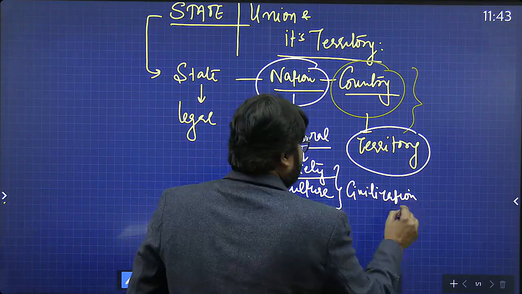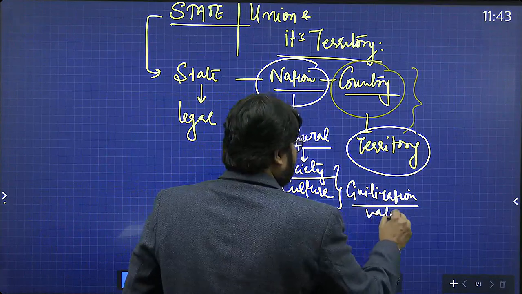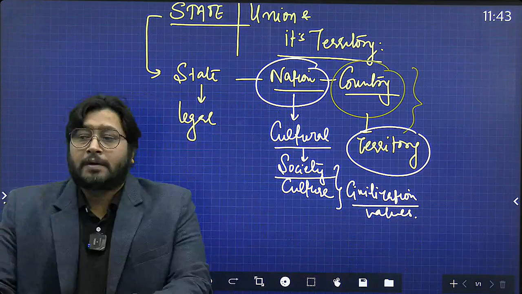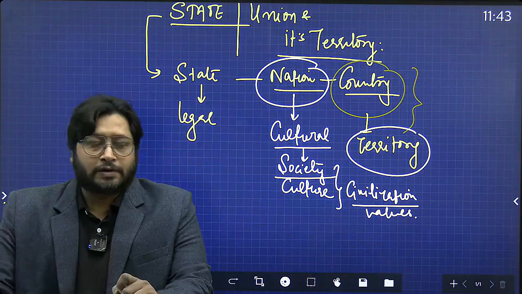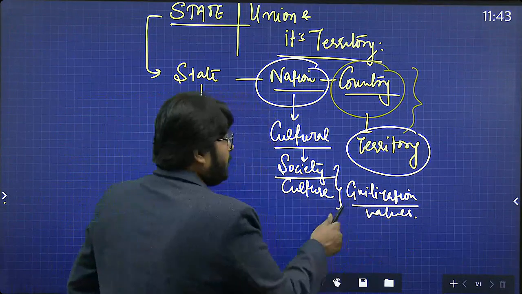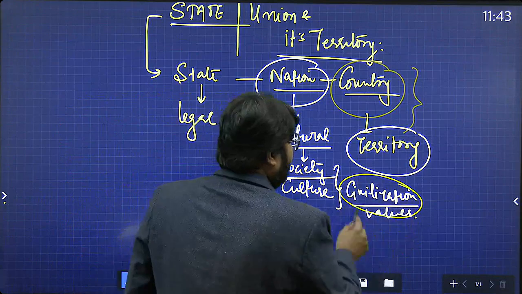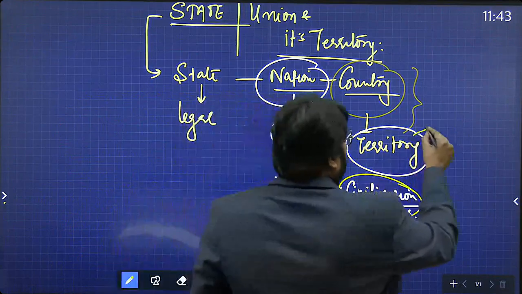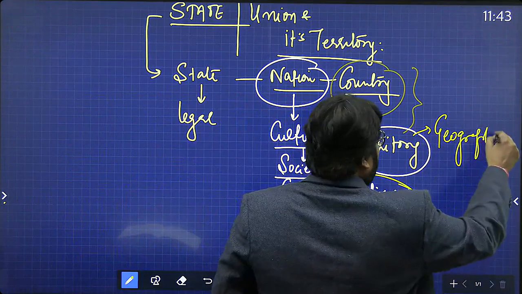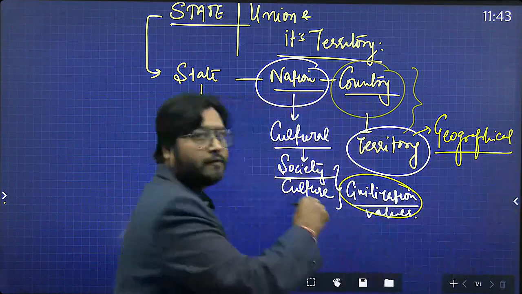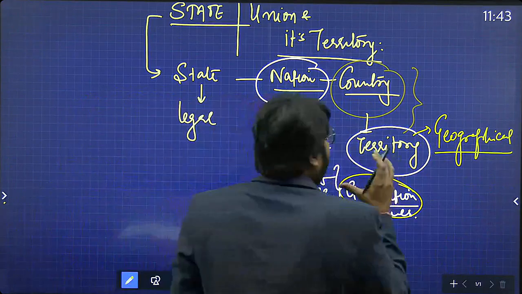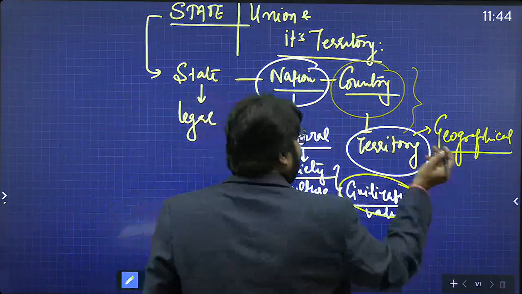So the civilizational values, whether culture, aesthetics, art, religion, clothing, language, and many other identities which come with a civilization, will be part of that. Territory is more of a geographical idea, a geographical entity. So that gives us more of a country, people living together in a geography.